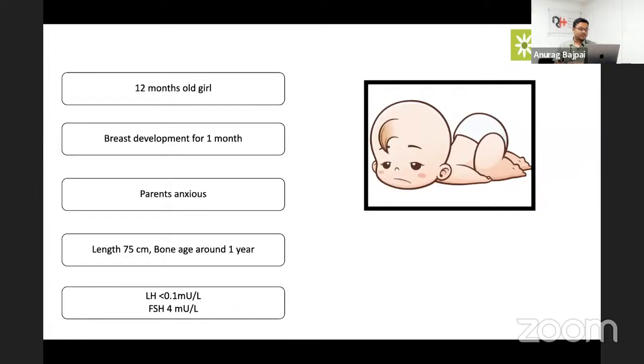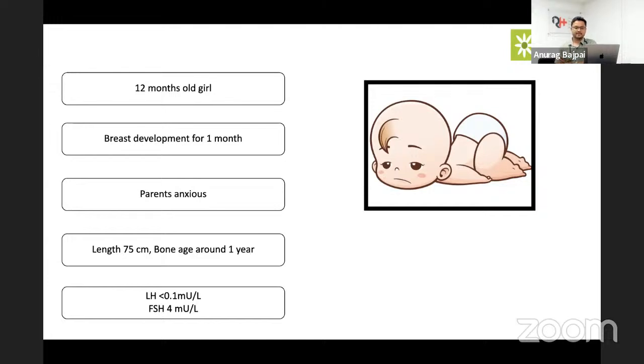We have also done LH and FSH, and the LH level was less than 0.1, and FSH was a bit higher at 4 milli-international units. A 12-month-old girl with a high FSH. Do you think this is central precocious puberty? Which is more important, LH or FSH?